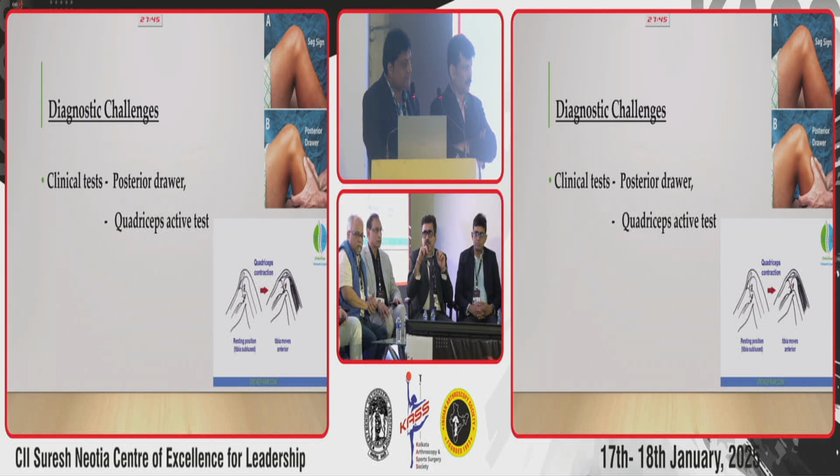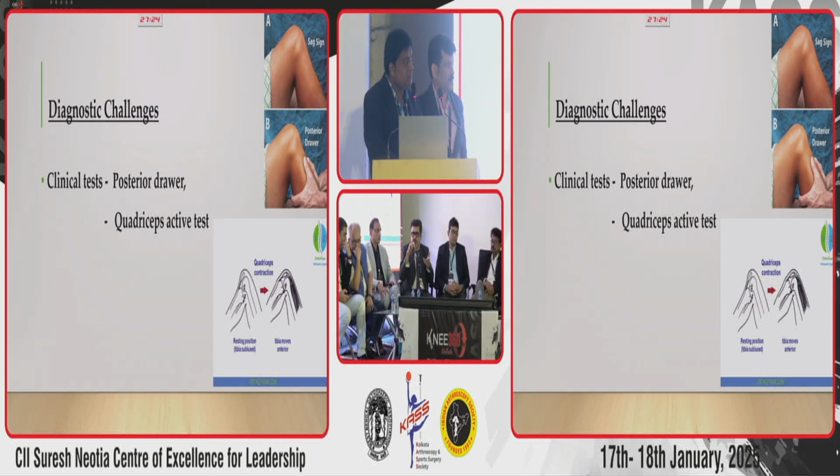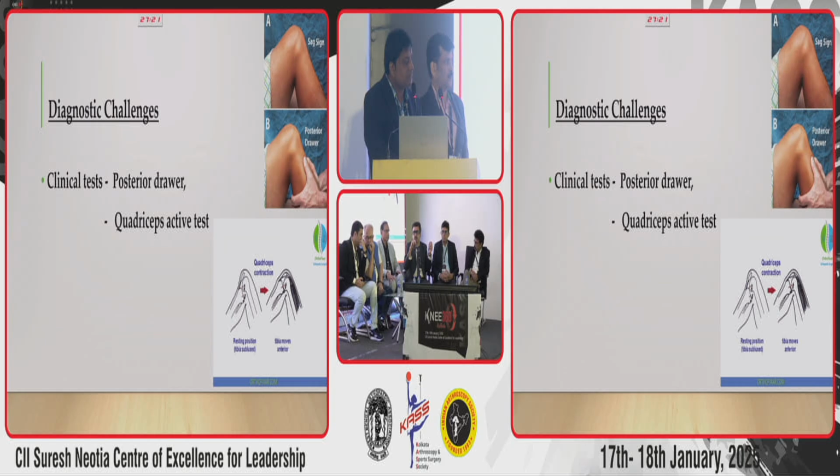That pushes it. Second is, in the acute phase, you will not be able to do these signs. In the acute phase, there is hemarthrosis, and with hemarthrosis in a knee where the patient is walking almost normally, you suspect a fracture somewhere. It can be a condylar fracture, it can be an avulsion, and an X-ray, of course, later on will tell you something.